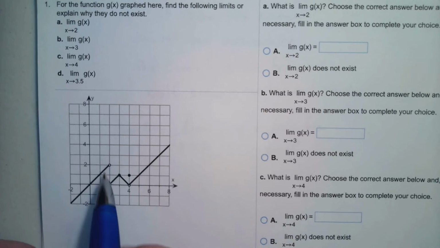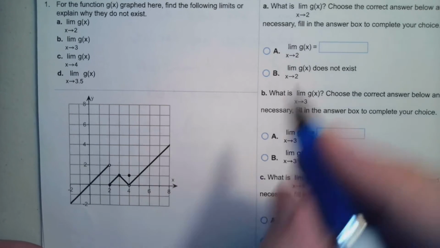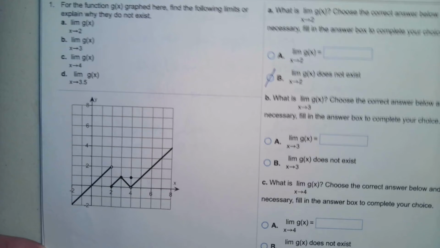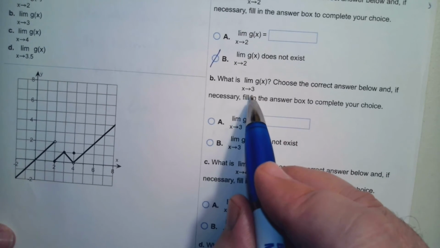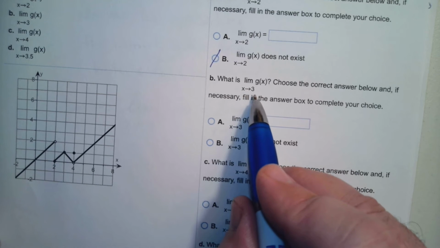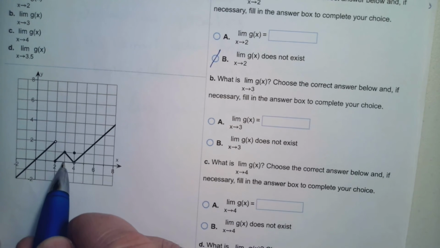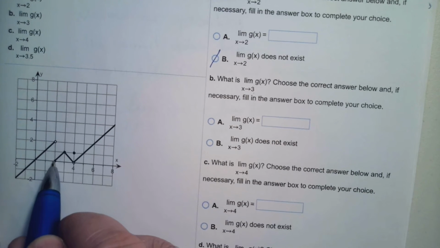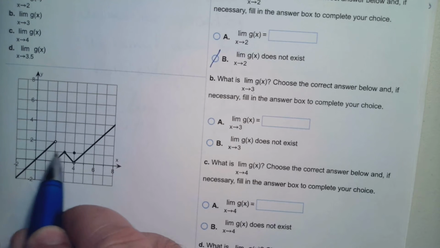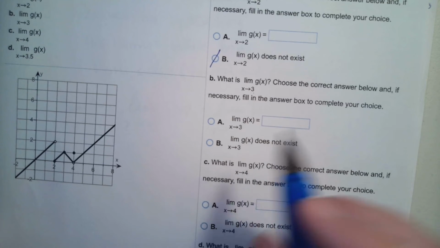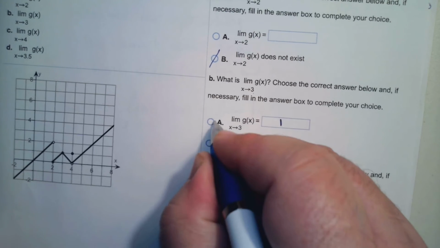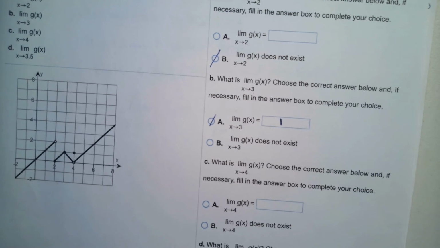So since both directions don't equal the same thing, that one doesn't exist. The next one, the limit of g of x as x approaches 3. From the left, infinitely close, it's approaching 1. From the right, it's approaching 1. They're both the same. It's approaching 1.